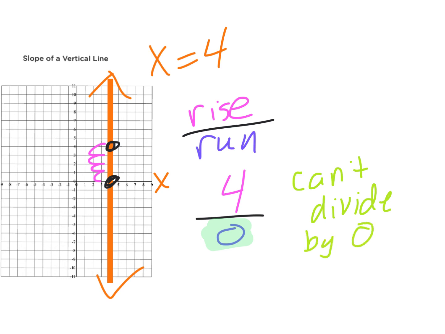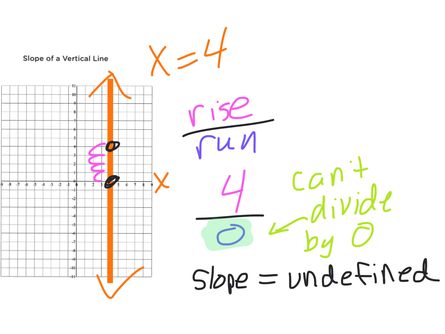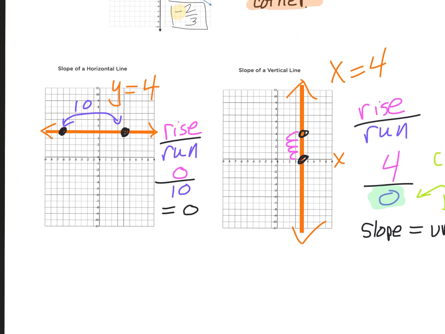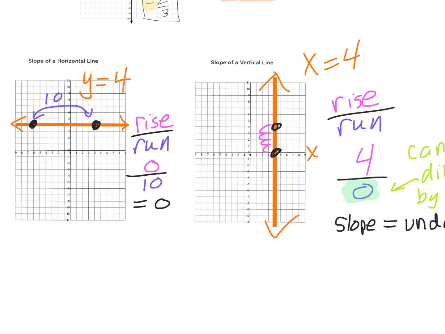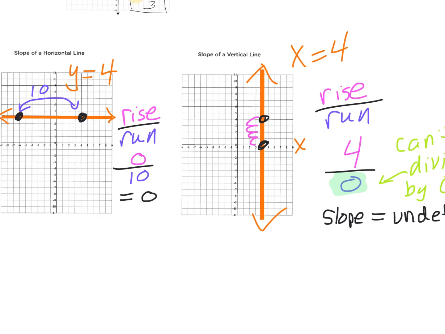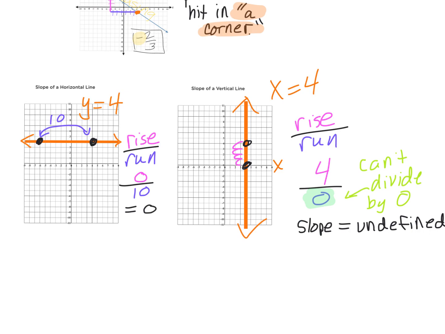So whenever you end up with the slope of a vertical line, since you can't divide by 0, we use a special term for the slope, and that is the word undefined, which means we don't even have a number to describe this slope. So the slope of any horizontal line is going to be 0 because that's flat, while the slope of a vertical line is going to be undefined.